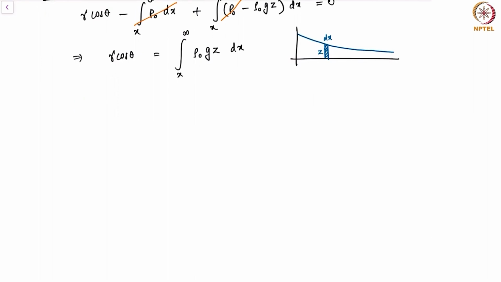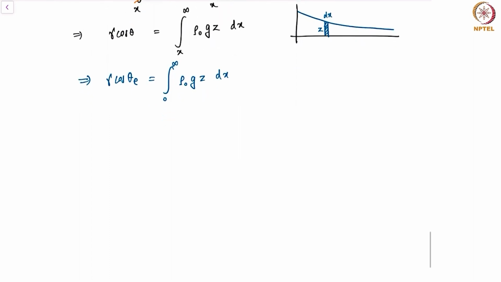Or rather, we can simply write this expression as gamma cos theta e, where I just say I'm taking the integration not from x to infinity but from 0 to infinity. Then we simply have the integral from 0 to infinity of rho naught gz dx.